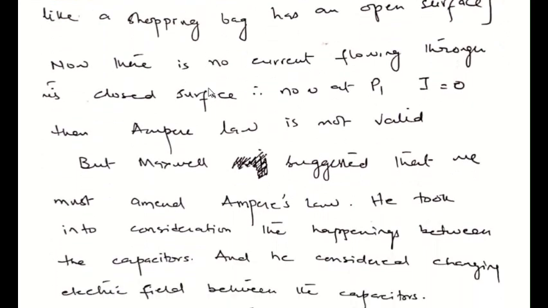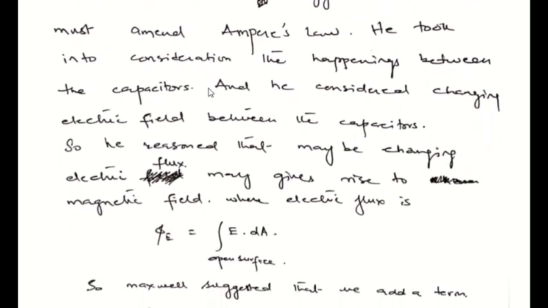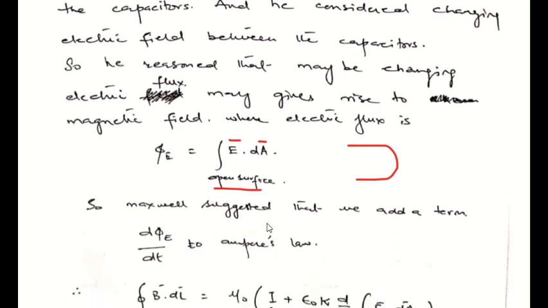So now, what he suggested is that the electric flux for the open surface, that is the open surface of the shopping bag, is the integral of E dot dA, both are vectors. So E dot dA is the flux. So Maxwell suggested that we add a term, that is the rate of change of flux, to Ampere's law.